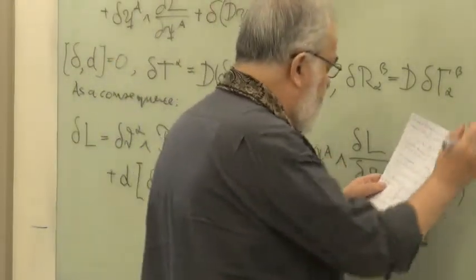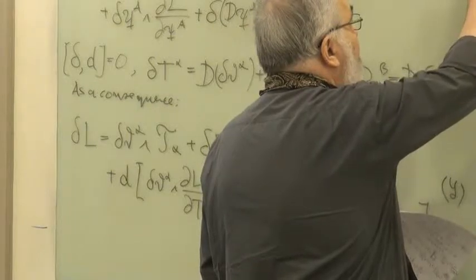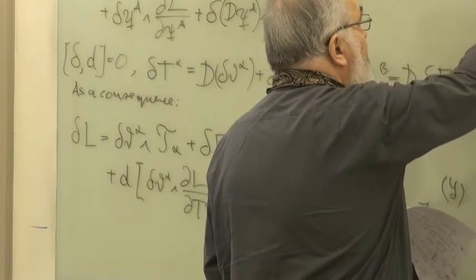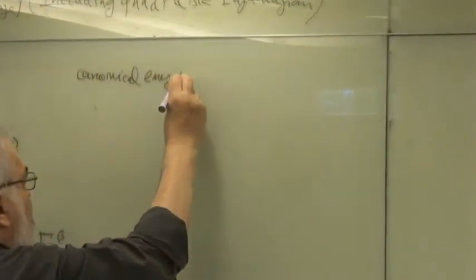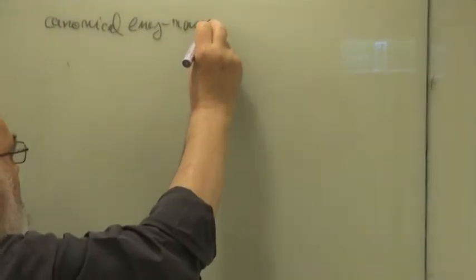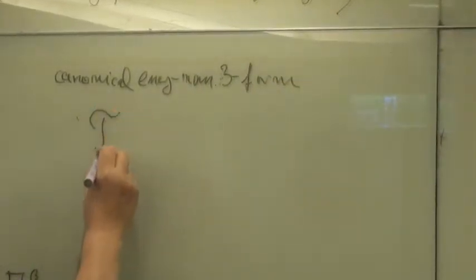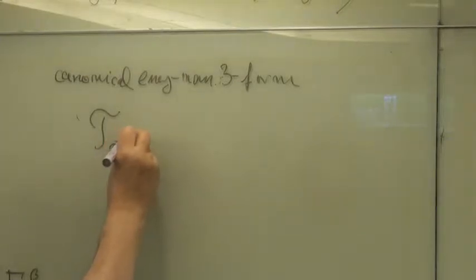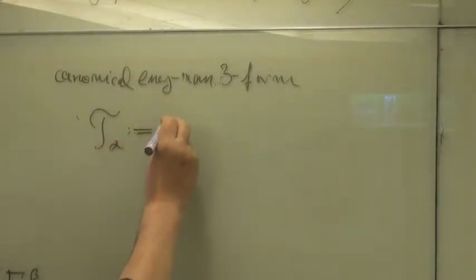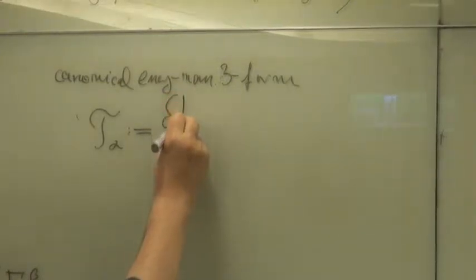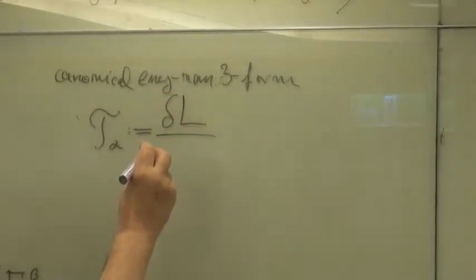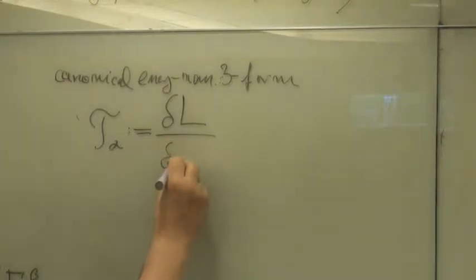So the calligraphic T, which I write out, the canonical energy momentum three-form, is T alpha, calligraphic T alpha, by definition the variational derivative of L with respect to theta alpha.